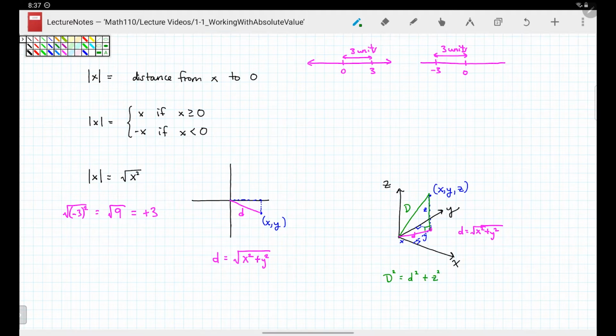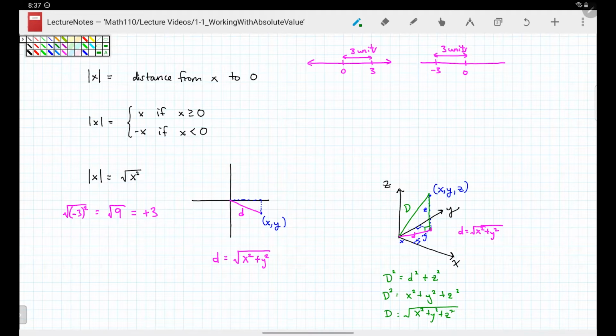If you can see that, take a moment to see if you can see that triangle. And so that tells you that little d squared is x squared plus y squared, and then we have plus z squared. So capital D would be the square root of x squared plus y squared plus z squared.